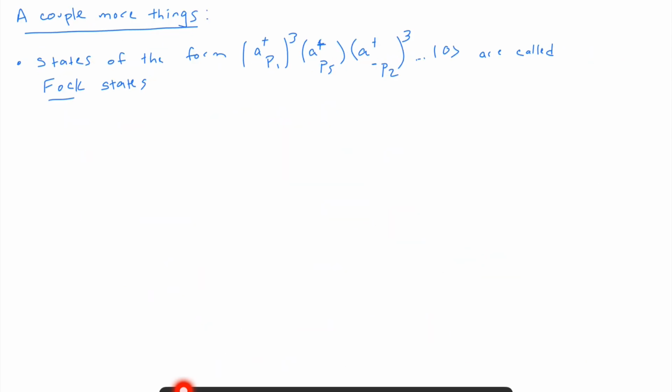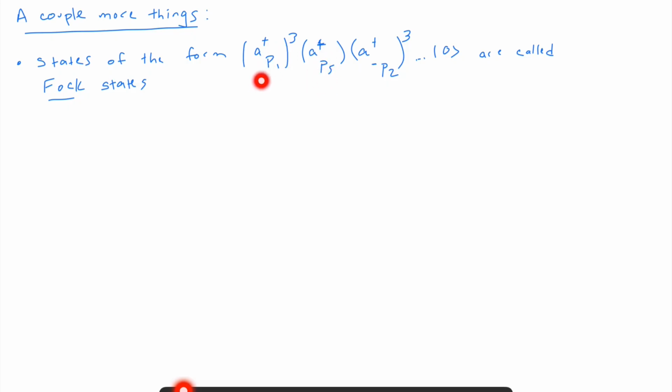So a couple more things, and we're going to get to the big conclusion here. Just some nomenclature. Anytime we have a ground state and we hit it with things like this a dagger, another a dagger, and any combination of that, so here we're hitting with a dagger of minus p2. If you look at the allowable p states, this is a negative momentum. You also have p2, and here we hit it 3 times, and here we hit it once with the p5 creation operator.